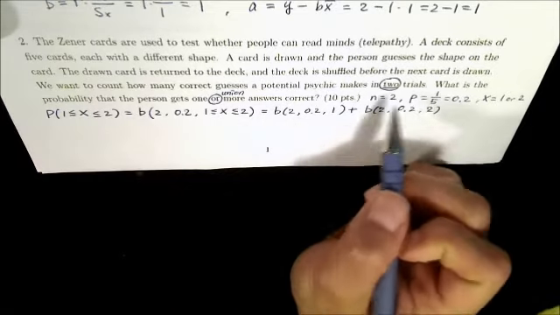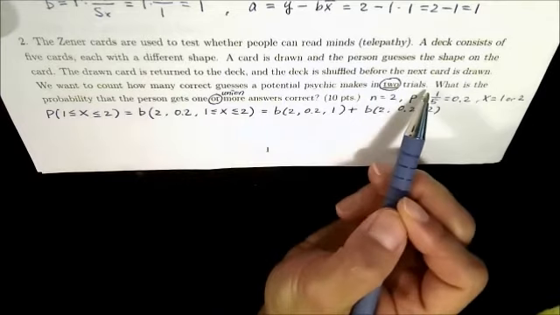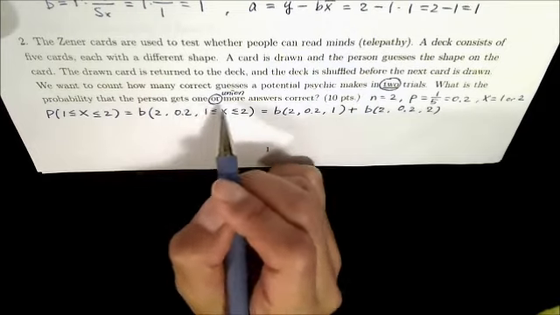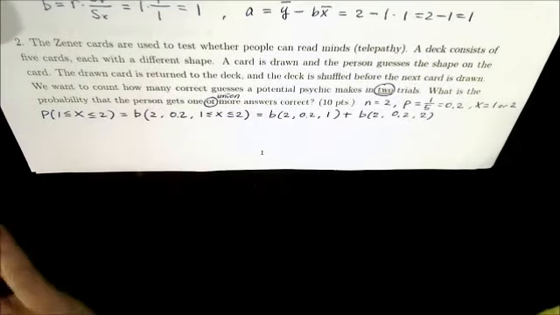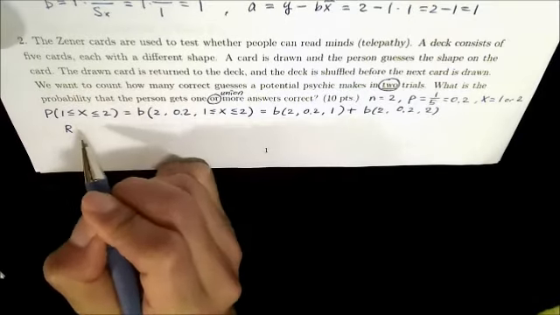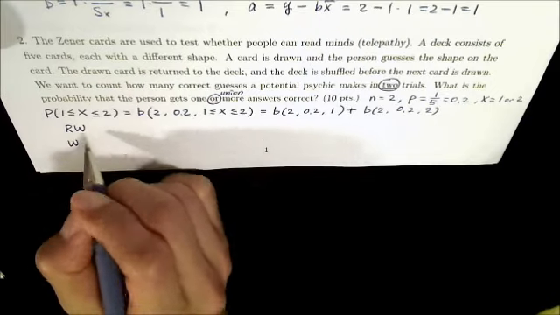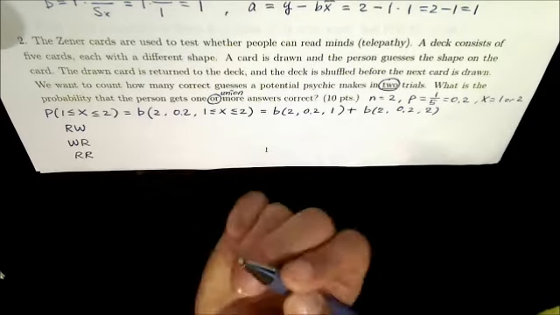Now think about how many cases you can have. We have 2 trials, and the question is how many answers are correct? 1 or more. So there are 3 cases. The first guess is right, the second guess is wrong. The first guess is wrong, the second guess is correct. And both answers are correct, right and right.